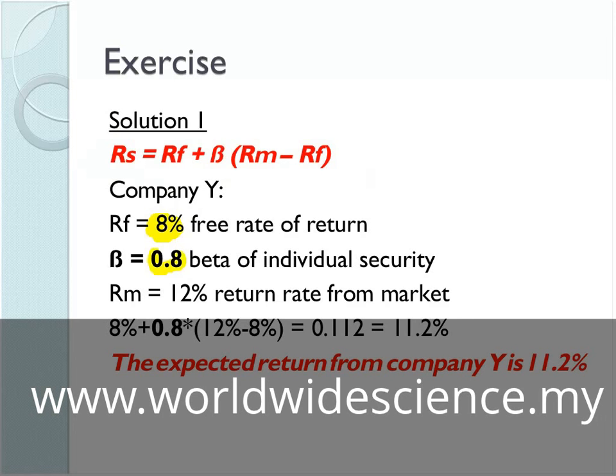And the market return is the same 12%. Then we have our expected return, which is 11.2% for company Y. That means company Y brings the shareholders 11% of profits from the investments. Okay?